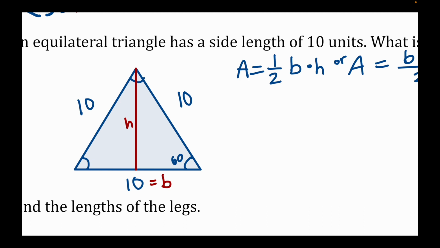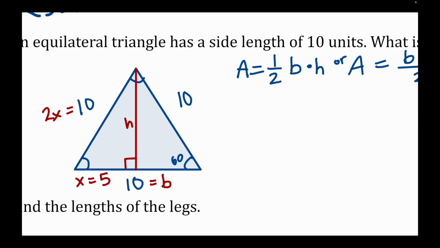So in order to find our area, we need to find what would now be the long leg of a 30, 60, 90 triangle. If 10 is the hypotenuse, that means this was our 2x. So our single variable for x, if we divide by 2, would be 5.